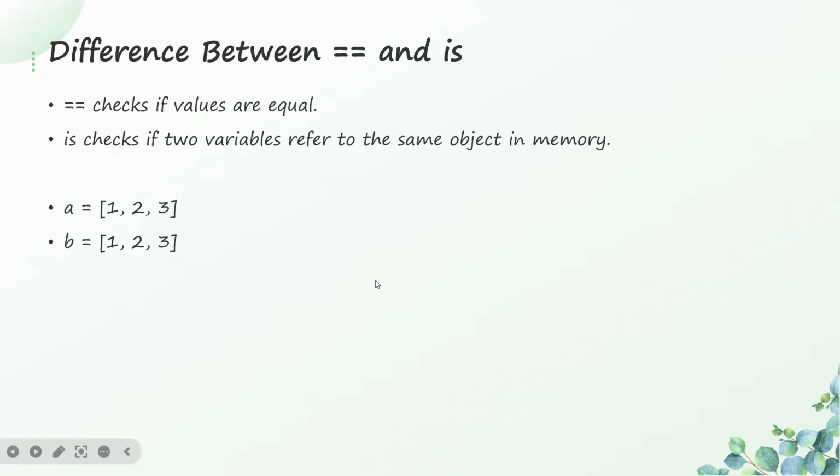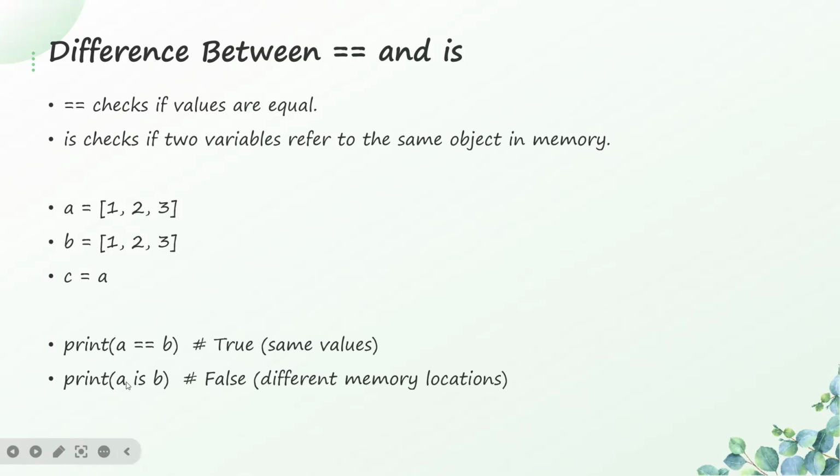So 1, 2, 3, all right? We are saying C is equal to A. So we are pointing the memory location of A to C. So C and A are pointing to the same memory location. And if we run, A and B are equal because of their values.